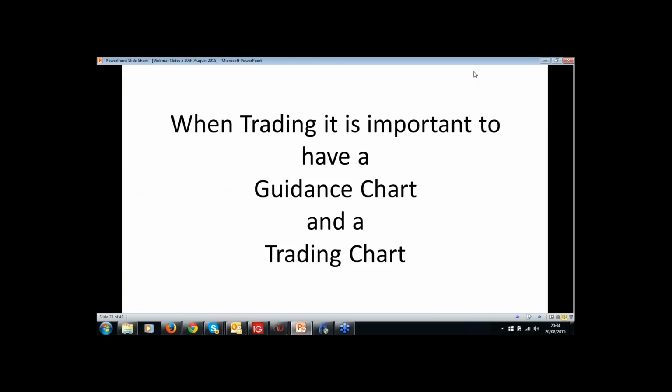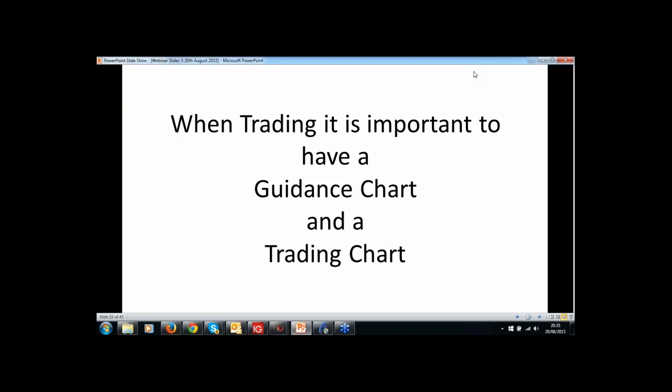Now, when trading, it is important to have a guidance chart and a trading chart. And this is something I just want to show in the webinar tonight. I don't expect you to totally grasp it, but it is something I want to show, because it is totally part of our learning program. And within that program, it's learning the price action trading method.